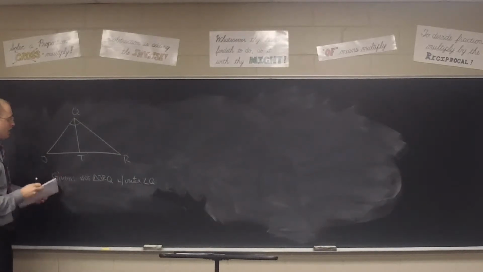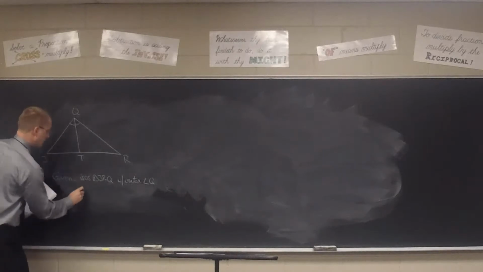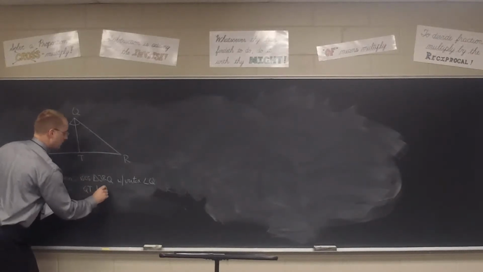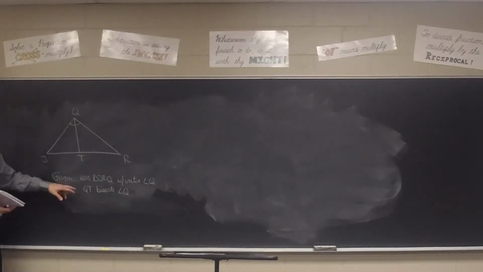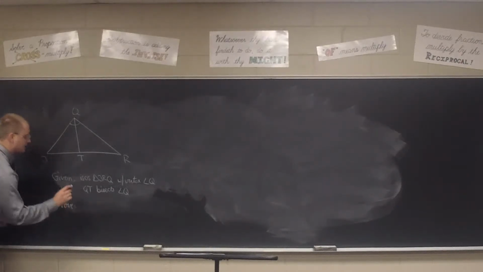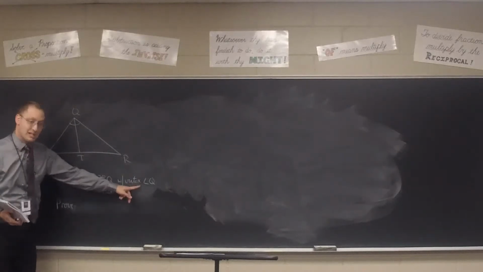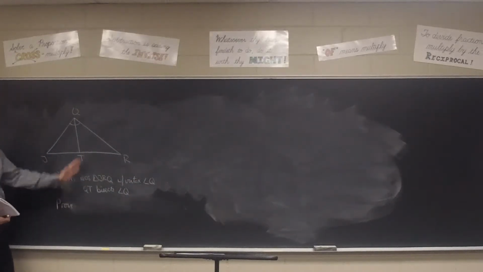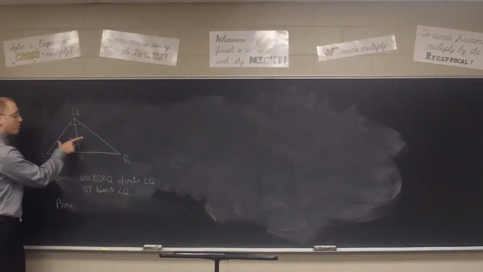And I said that QT bisects angle Q. Was that the whole given, or was there something else we had in the given? That's the whole given. And then we said we were going to try to prove that if you have an isosceles triangle with the vertex angle being bisected, that bisector of the vertex angle, number one, will also bisect the base.